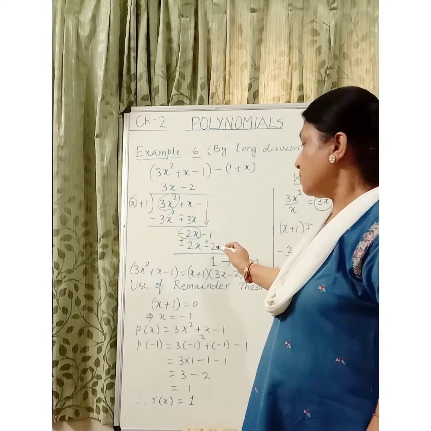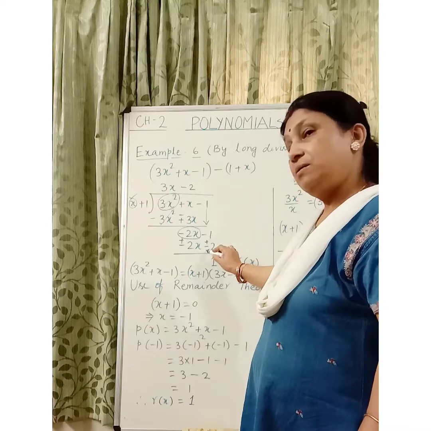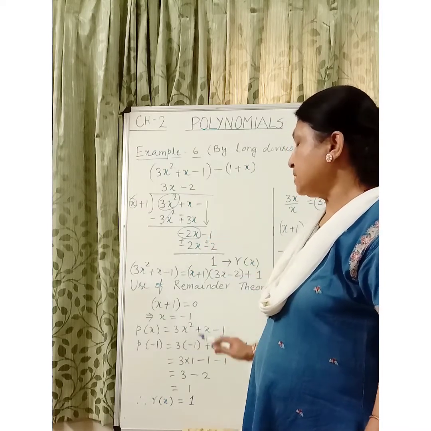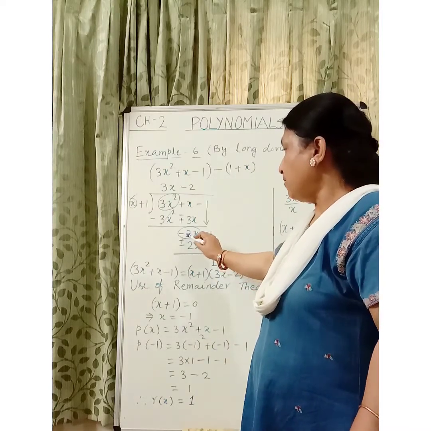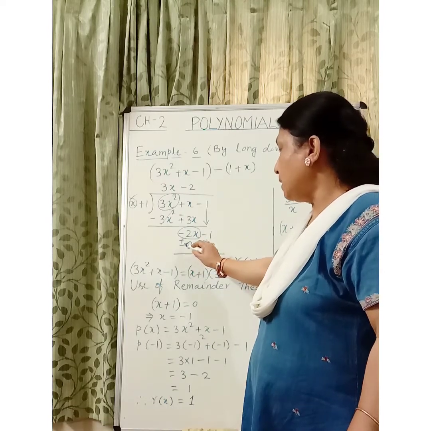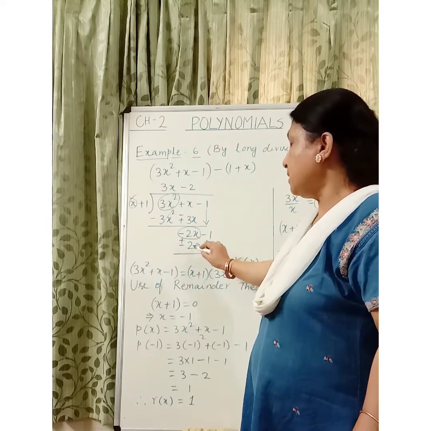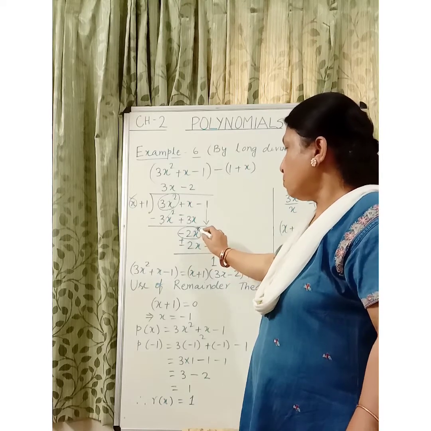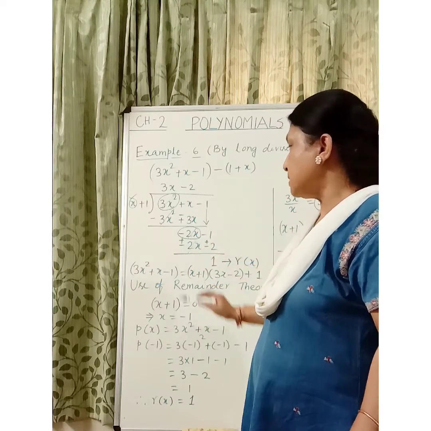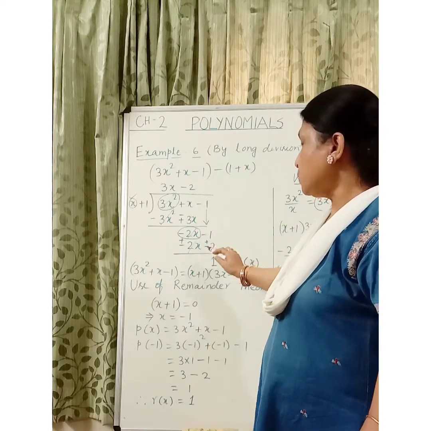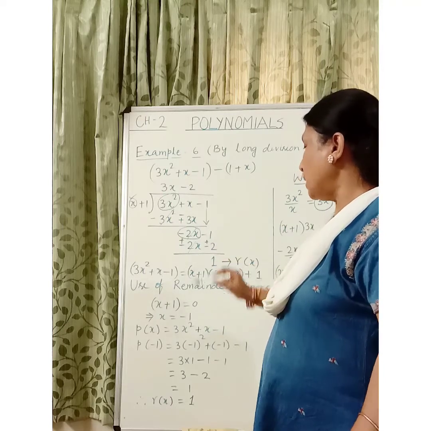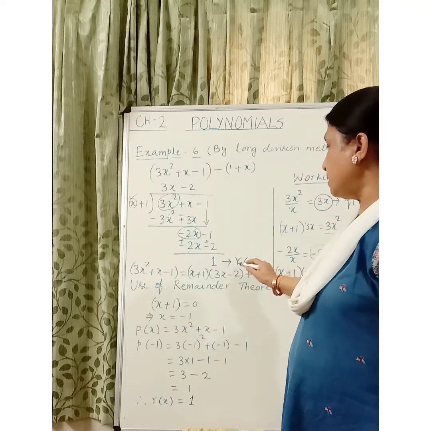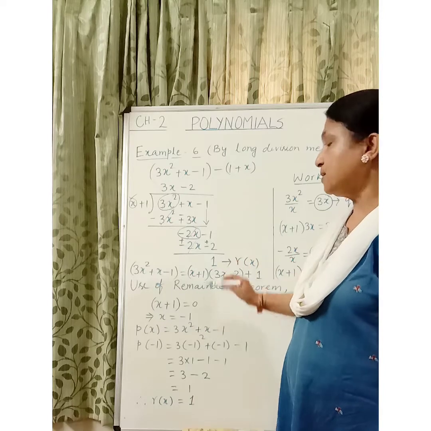Then we'll be subtracting the second polynomial from the first. Here we have minus 2x, and after changing the sign we have plus 2x. So minus 2x plus 2x is 0. Minus 1 plus 2 is 1. So we have the remainder R(x) as 1.